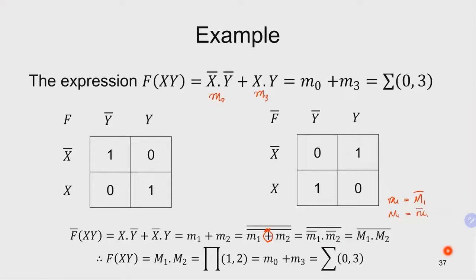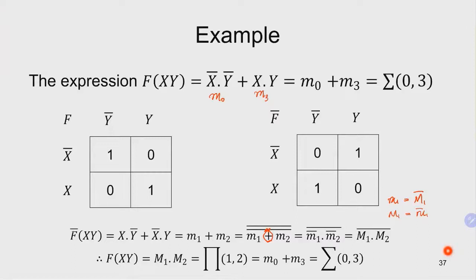So we can substitute this small m1 bar, which is the inverse of the minterm, and that equals the max term. So we show that the inverse of the function f equals the max term 1, or with the max term 2, and then the whole thing inverted. So that's the inverse function of f.